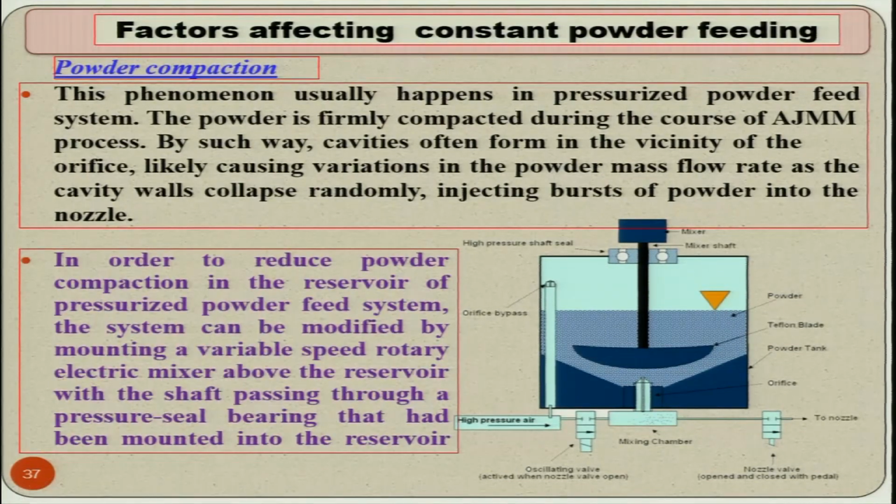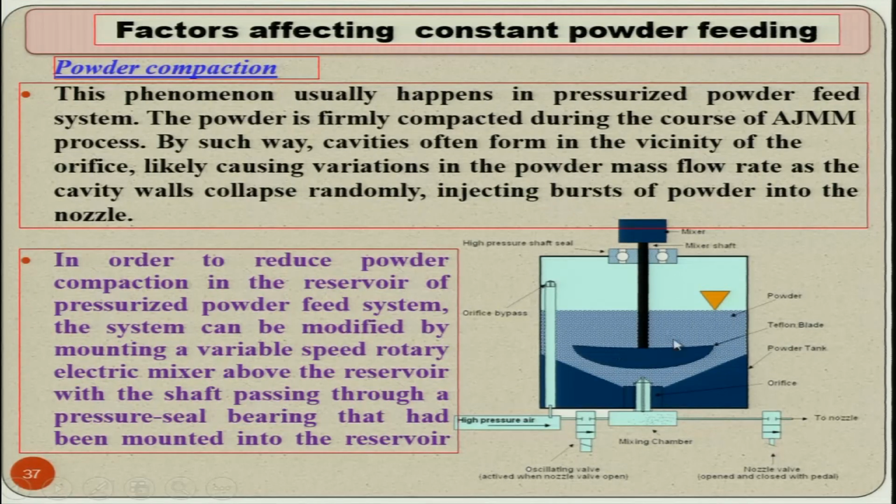In order to reduce powder compaction in the reservoir of pressurized powder feed system, the system can be modified by mounting a variable speed rotary electric mixer above the reservoir with the shaft passing through a pressure seal bearing that had been mounted into the reservoir.